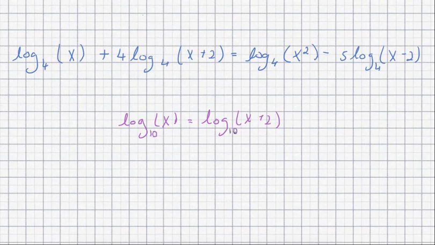Usually they put it, but if it's not there, don't go crazy. It's just 10. But it actually doesn't matter, as long as the bases are the same. All right, let's do it.